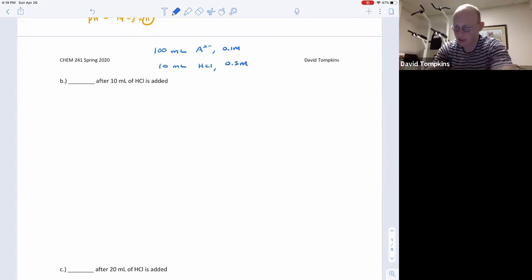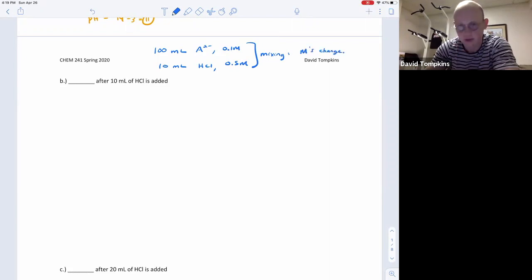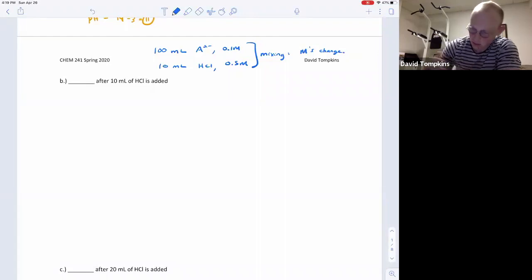So remember, when you're mixing, the molarities change. Specifically, they go down. And you cannot rely on molarity anymore. So it's best to go ahead and calculate the moles or the millimoles.